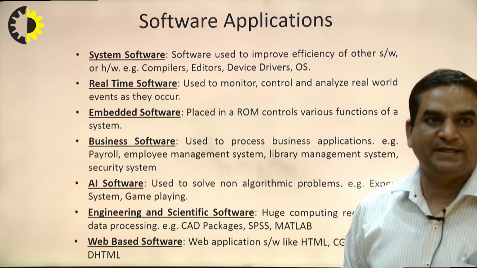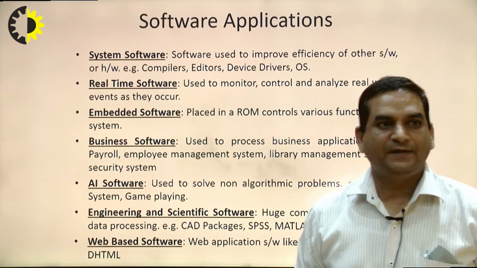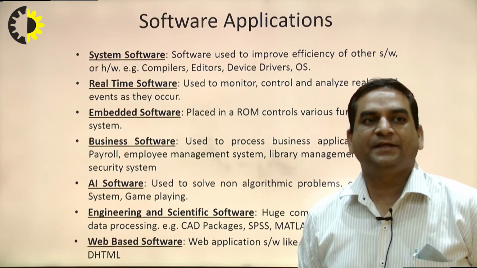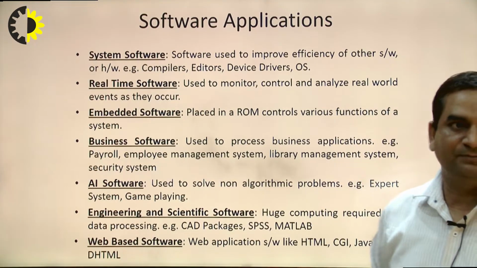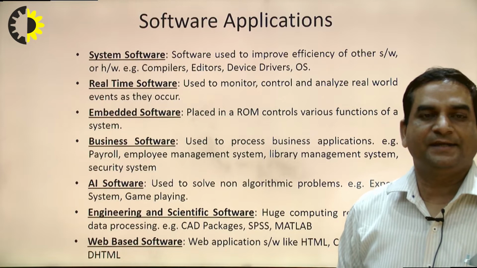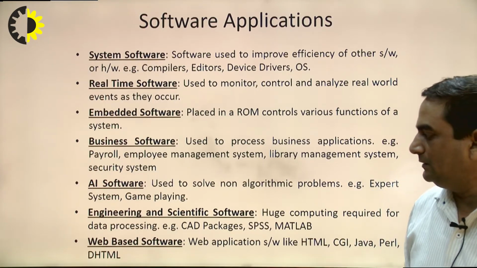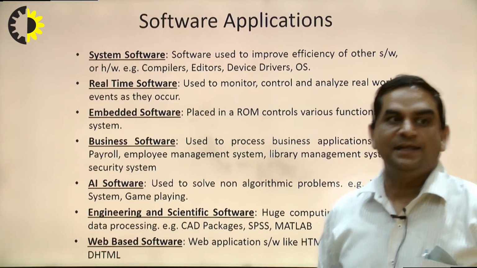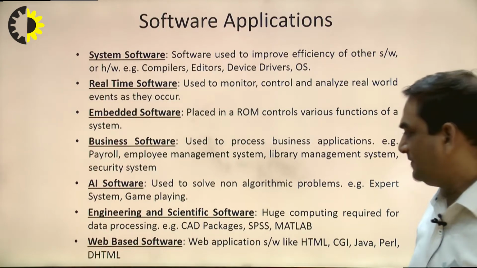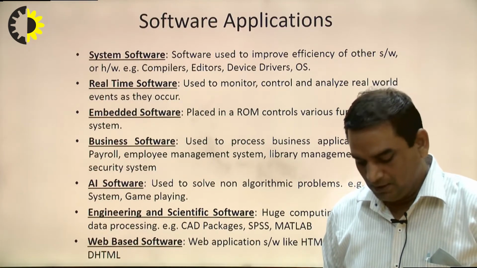In AI software, we can use expert systems and game-playing software. In engineering and scientific software, we have the AutoCAD package and MATLAB. For web-based development software, we have HTML and the Java platform. These are various application areas of software.